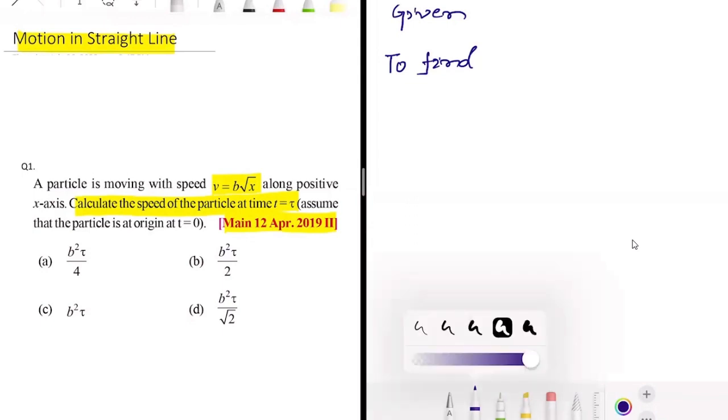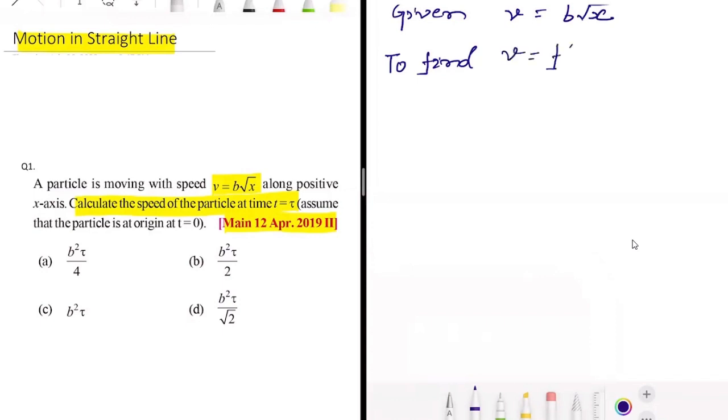You see that it has given speed of particle v as some function of x, and what it asks you is to find v as some function of time t and then evaluate v at t is equal to tau. Correct? So how shall we go about it?